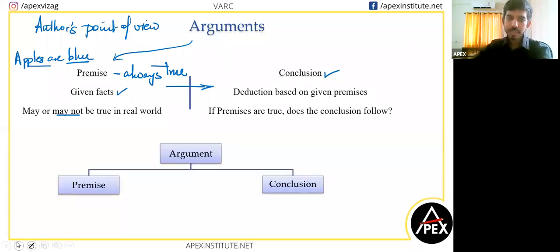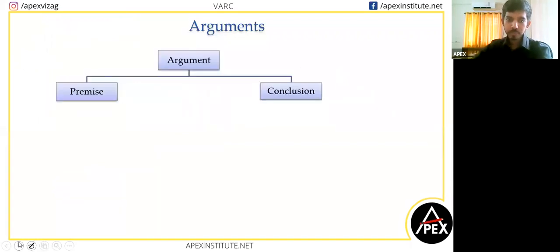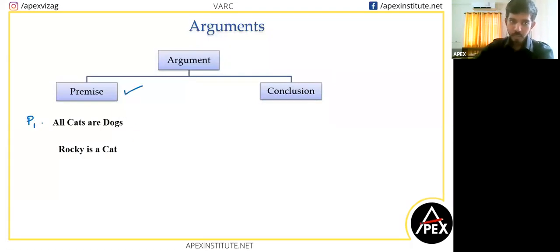So let's take some examples. Now this is something that we are given. Two premises. All cats are dogs. This is premise 1. And this is premise 2. Rocky is a cat. Now remember what I said. We know all cats are dogs cannot be true.